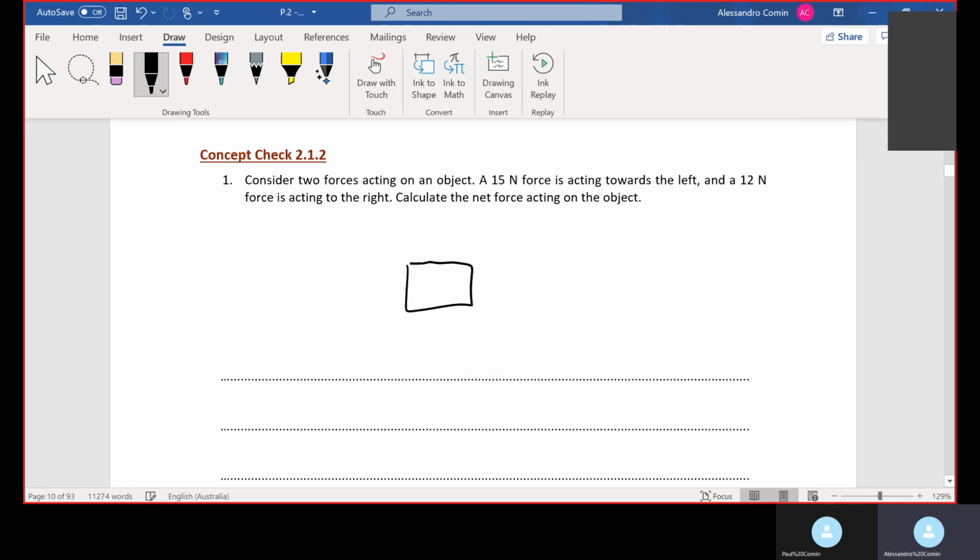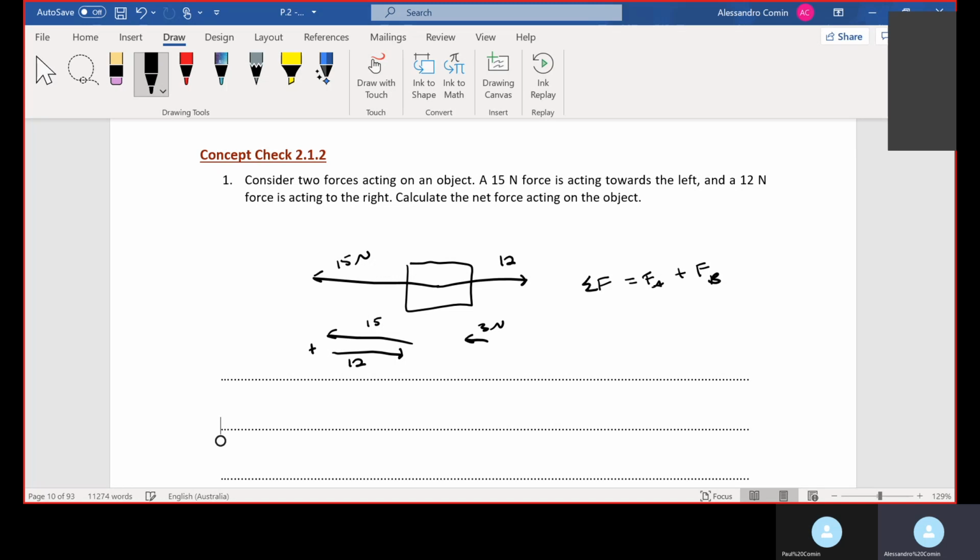If this is my box, just a generic object, we have 15 newtons and 12 newtons, so we're going to have 3 newtons to the right. This is because sigma F is equal to force A plus force B, where force B is in the opposite direction of force A. So they cancel.